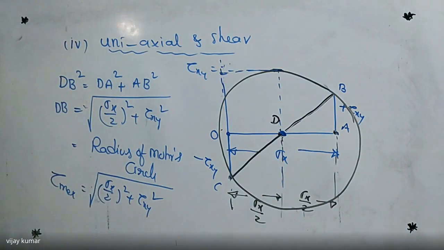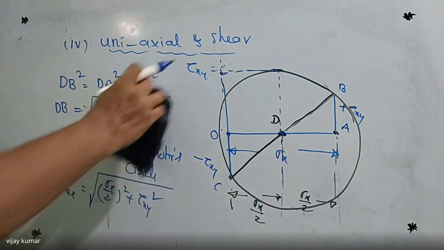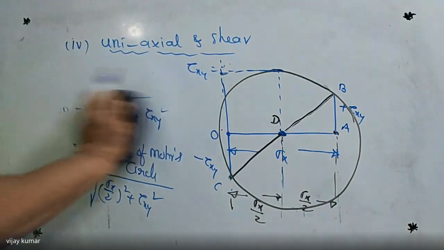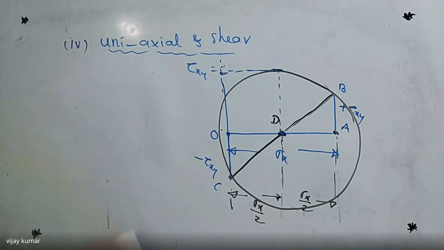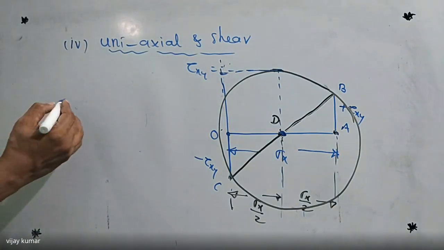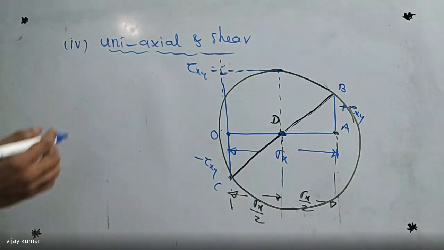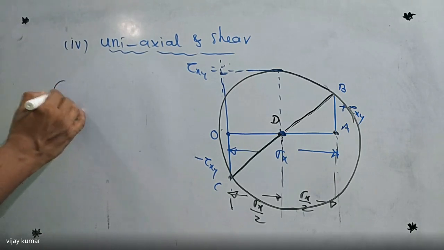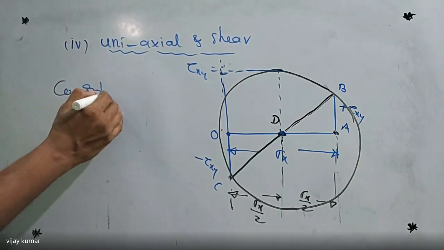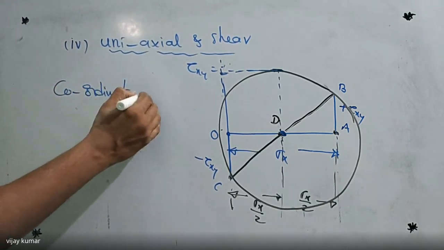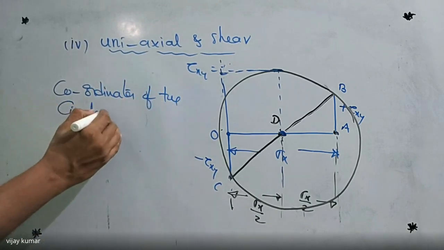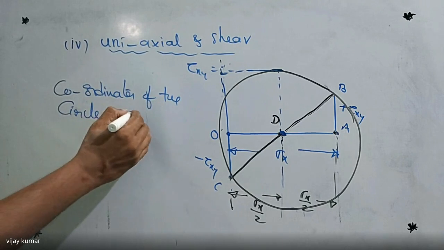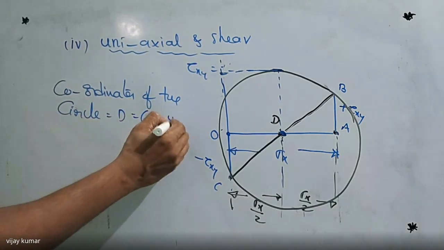I want to find the coordinates of the center D, that is x comma y.